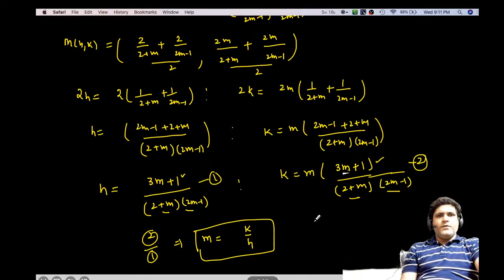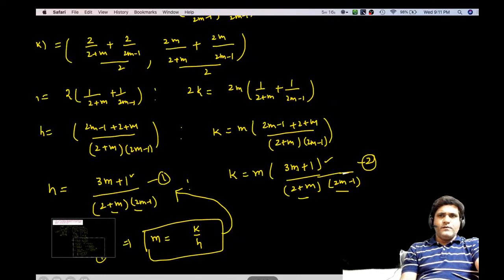Now to get the locus, we need to eliminate the parameter. To eliminate the parameter, either you substitute m is equal to k by h in the first equation or the second equation. So I will substitute this m is equal to k by h in the first one. Therefore the parameter m will be eliminated. So if you substitute, then what do you get?